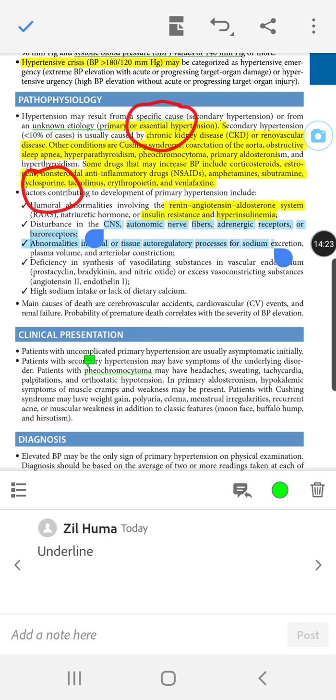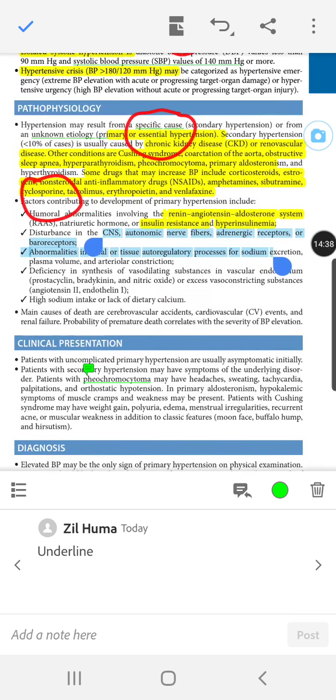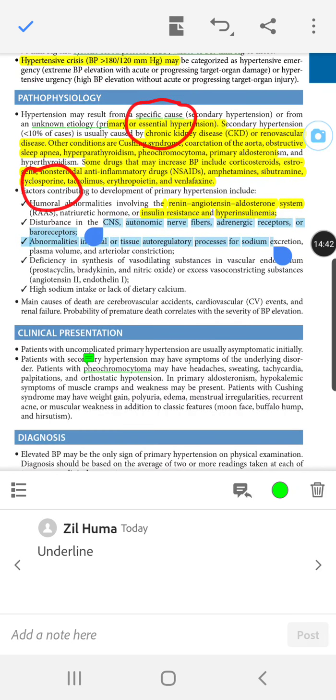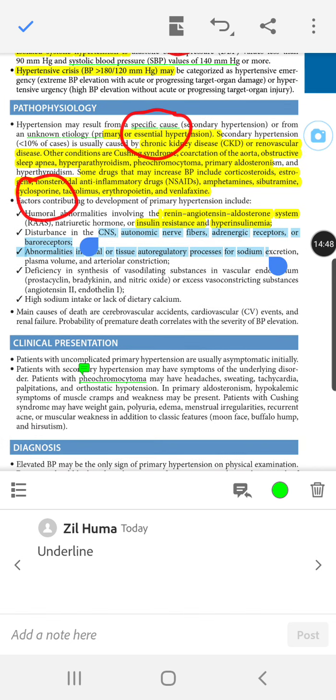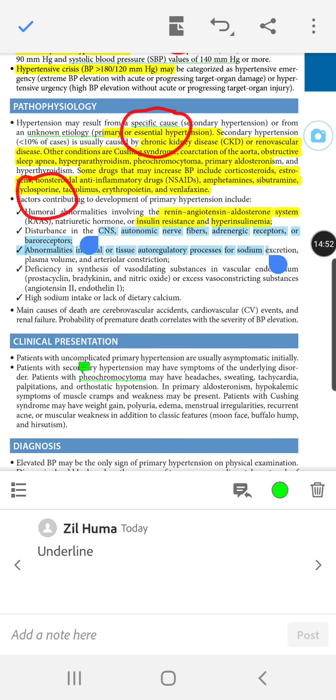If there is any condition like anxiety, there is fear, anxiety, and the adrenergic receptors are activated. So these high adrenergic receptors mean there is increased release of adrenaline and epinephrine, which causes increase in the blood pressure.